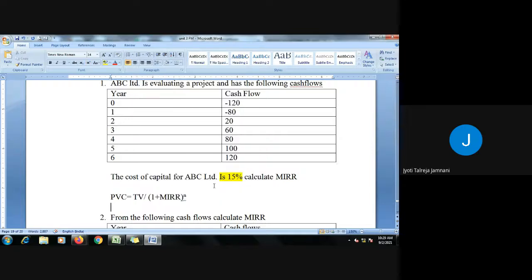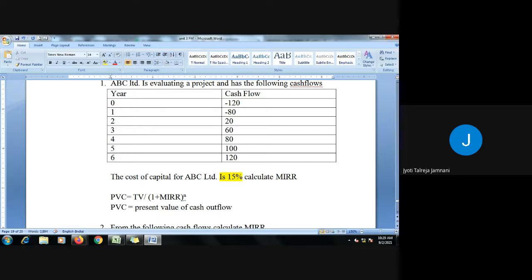So now what are all these values? PVC is equal to this present value of cash outflow. So whatever initial investment we are doing, that is PVC, that is finding the present value of that. What is TV?